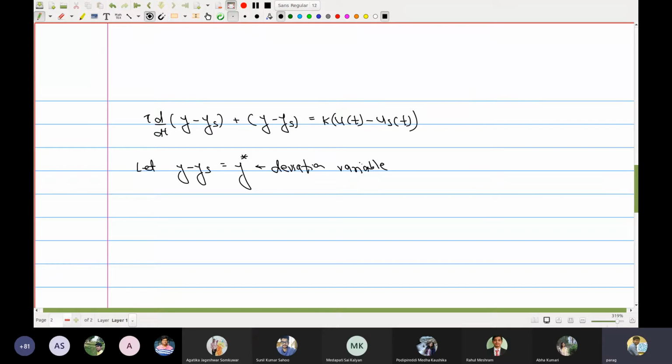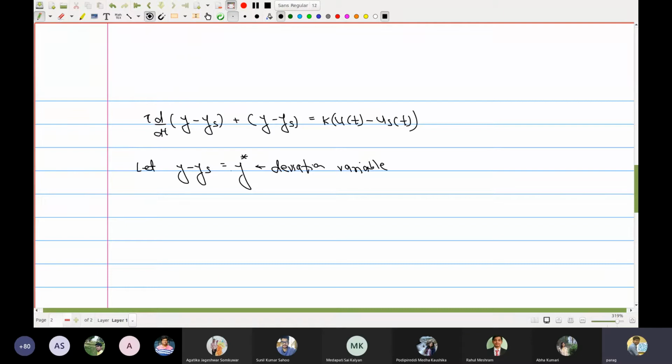Okay, so you are not really keen on knowing the absolute dynamics of the system. Rather, you want to know how the system deviates from the initial steady state. This is your basic motivation, right?